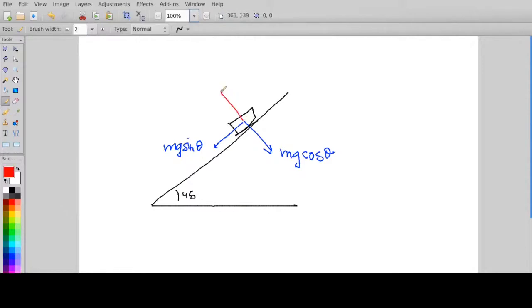Nope. There's a normal force, because as soon as you have surfaces touching, you've got a normal force. So there's my normal force. And is that it? Nope. There's a static friction force like this, and this time we'll call it Fs because it's static friction. And now you ask yourself, is that all the forces? And yeah, that's it. Those are all the forces.